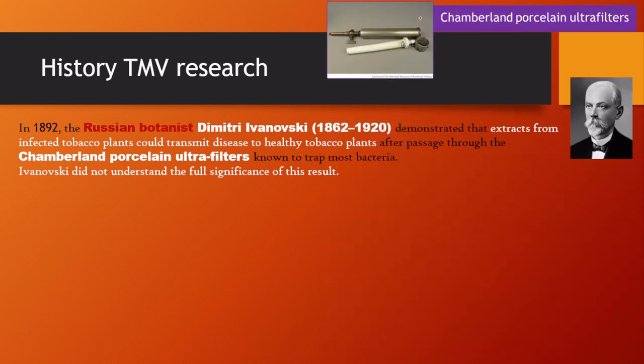These filters were known to trap most of the bacteria. Porcelain filters can trap all the bacteria, but the extract which he obtained from the infected tobacco leaf could redevelop infection in healthy tobacco leaves.